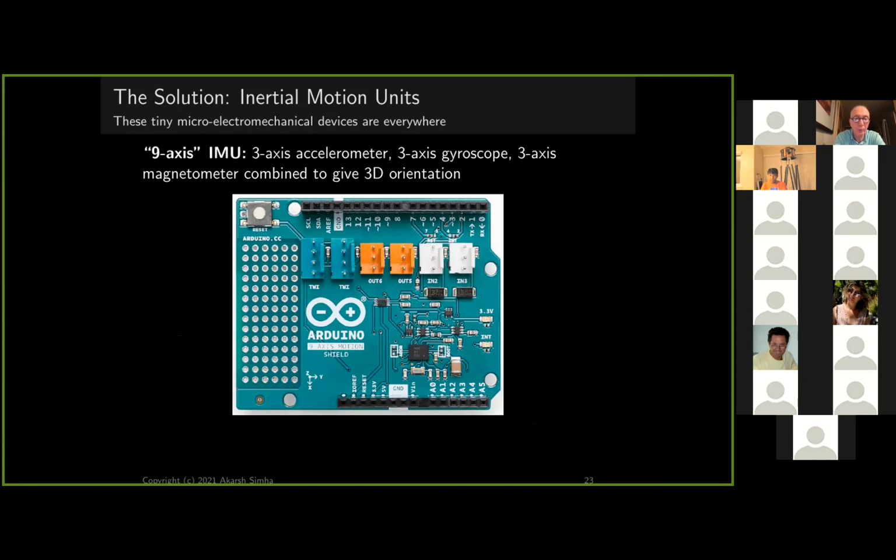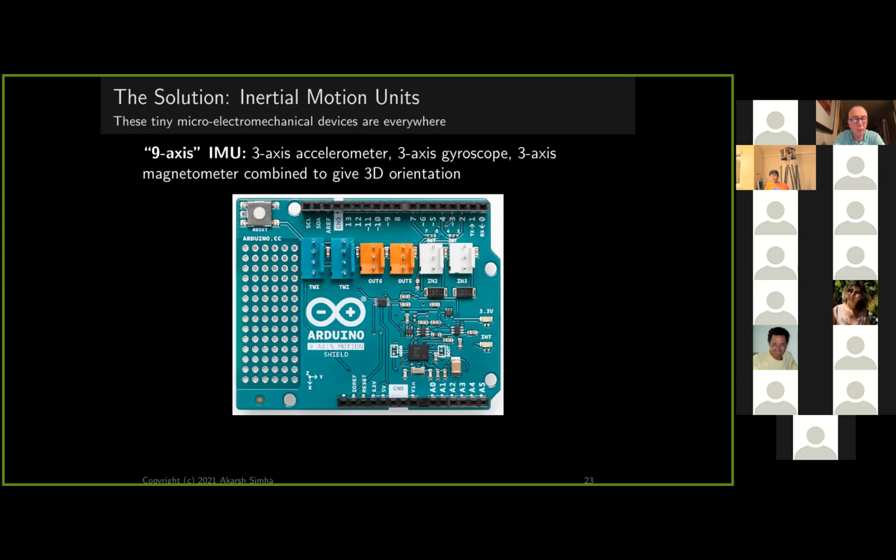And what they are is a 3-axis accelerometer, 3-axis gyroscope, and a 3-axis magnetometer, X, Y, and Z, basically 3 axes, all combined into a chip. And if you are a tinkerer who works with Arduinos, you can just buy this Arduino 9-axis IMU shield, which is what I use. And it can give you approximate orientation.